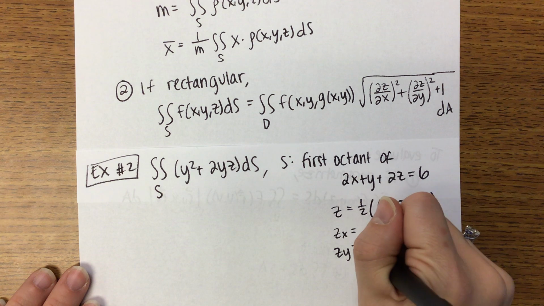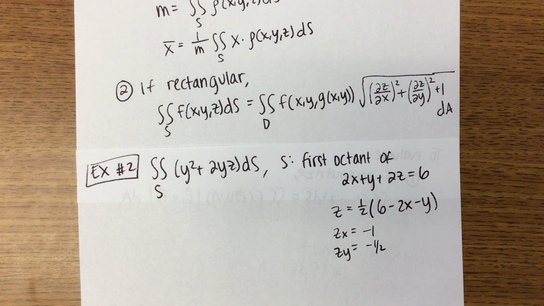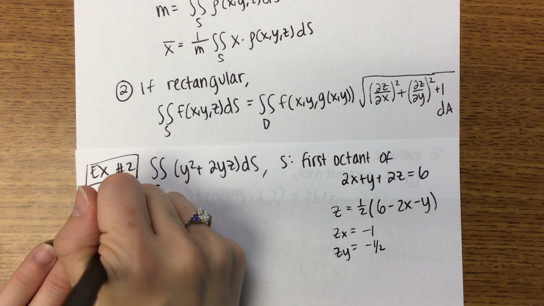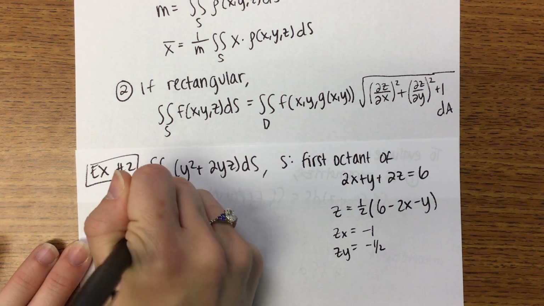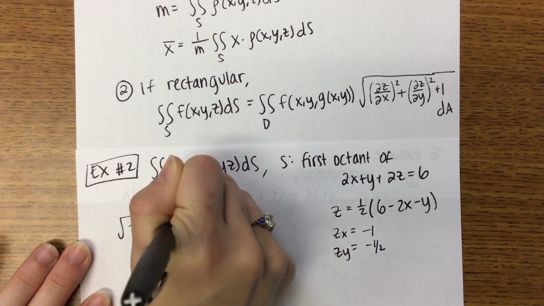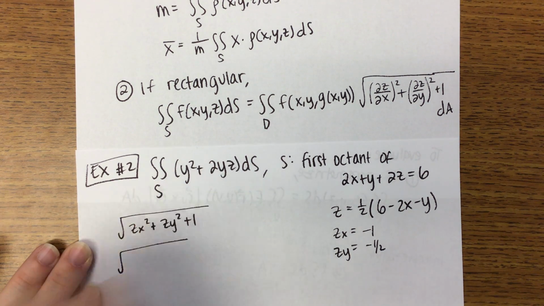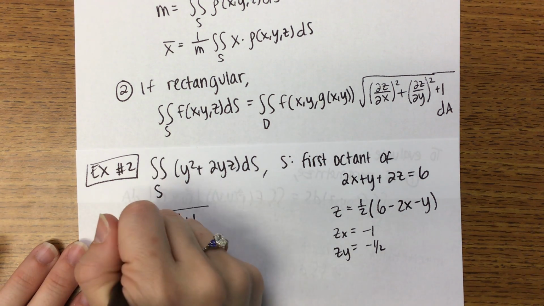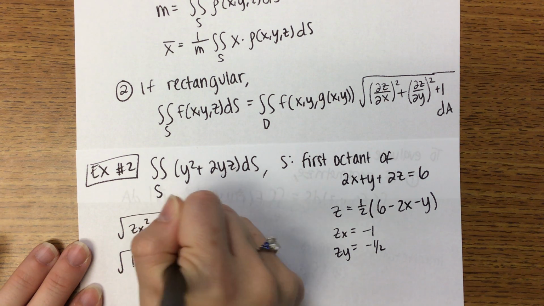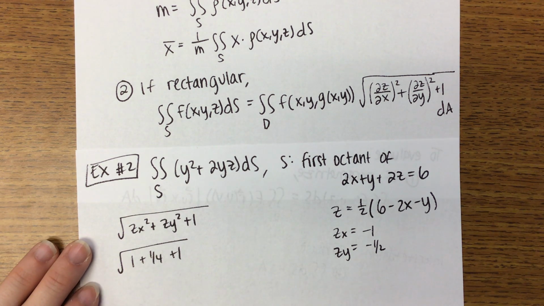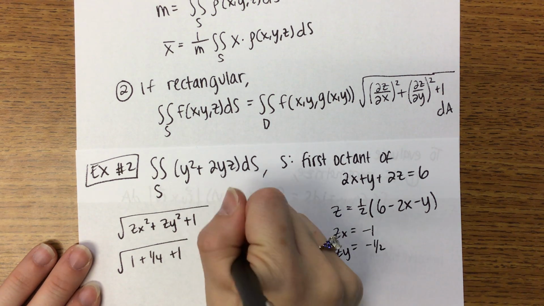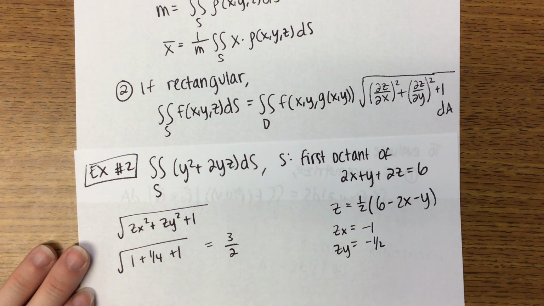Partial of z with respect to y is -1/2. So if we do that square root, we will get 1, add 1/4, add 1, which is 9/4. Square root of 9/4 is 3/2.